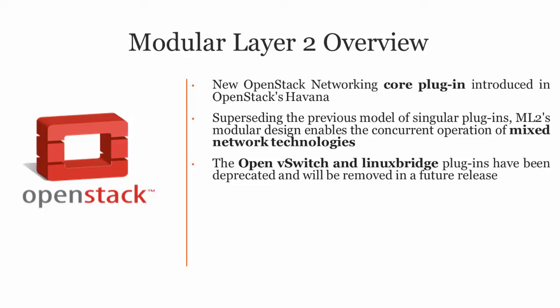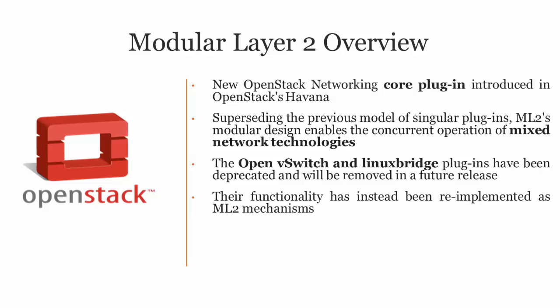For example, company A uses Open vSwitch and company B uses Linux Bridge. In this case, they cannot communicate with each other using the OpenStack networking service. So nowadays, using Modular Layer 2, even if many companies use mixed or various network technologies, no problem to communicate with each other using this Modular Layer 2 plugin.